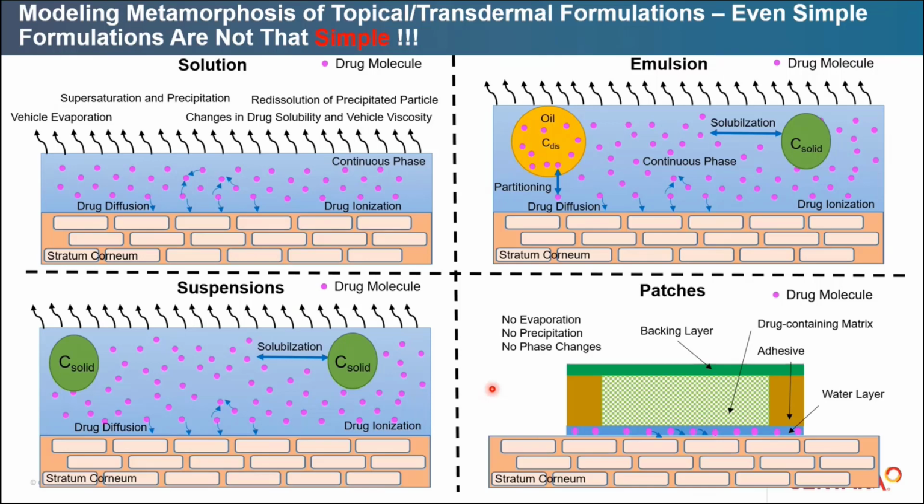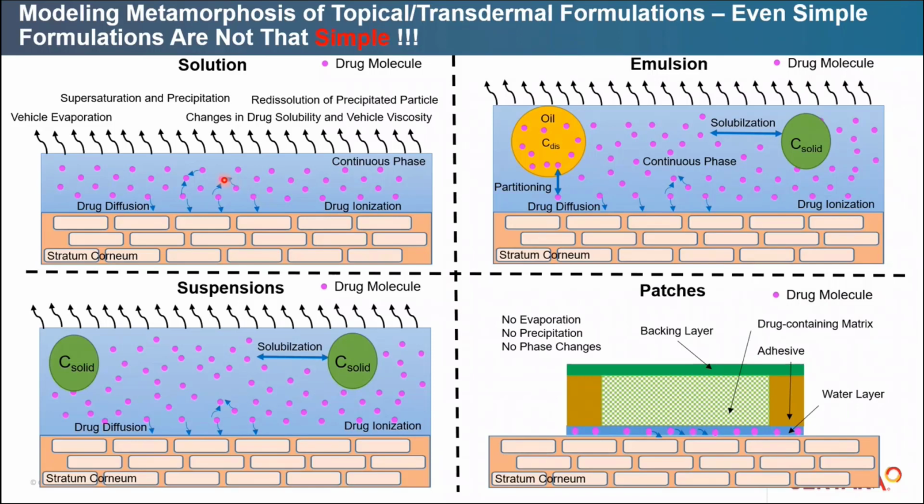This is just a graphic showing different kinds of processes which may occur when you are applying a solution, a monophasic gel, an emulsion, or a suspension. You can see that even when you apply a solution, a lot is going on. In the Simcyp MechDermA model, what we try to model is how much of the drug is diffusing from the continuous phase of the formulation.